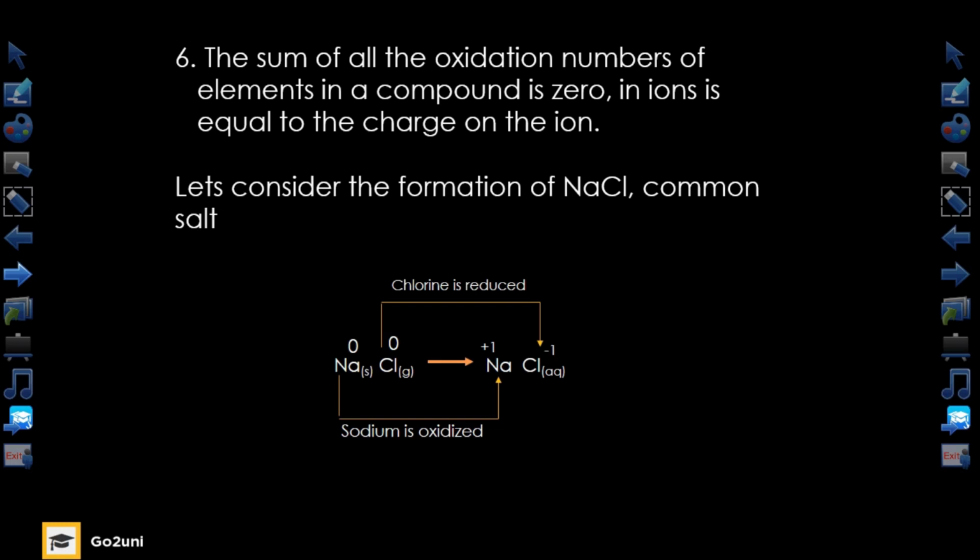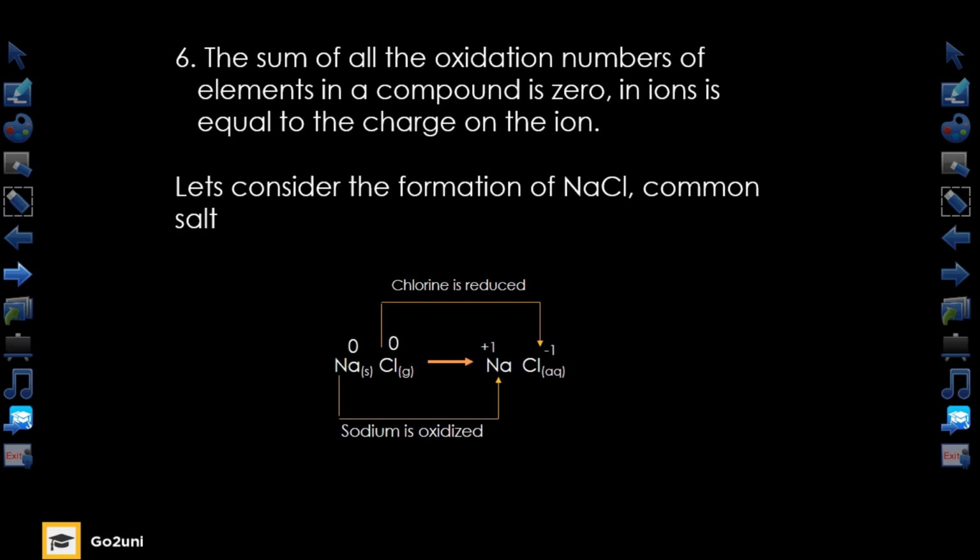So let's look at sodium chloride, for example. Looking at what we have on the screen, we can see that sodium chloride as a salt, when it dissociates in water, will dissociate to give us sodium ion and chloride ion.